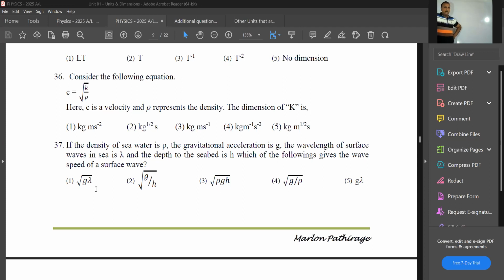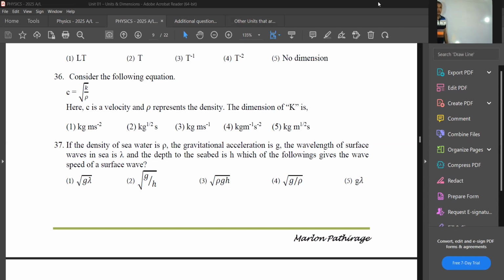In this question, we are asked to find the expression that is equal to speed. We are given 5 answers. Among those 5 answers, what is the expression that is equal to velocity? So how to find that one?